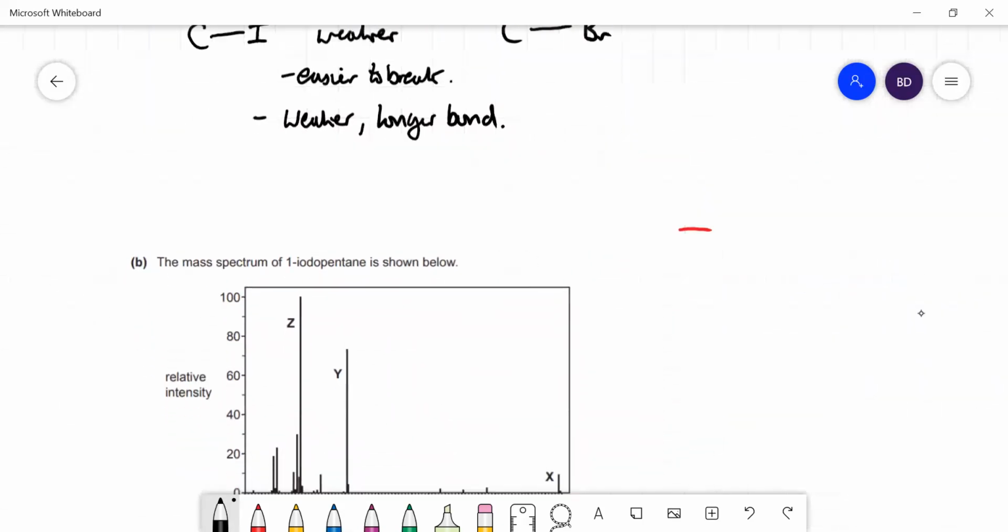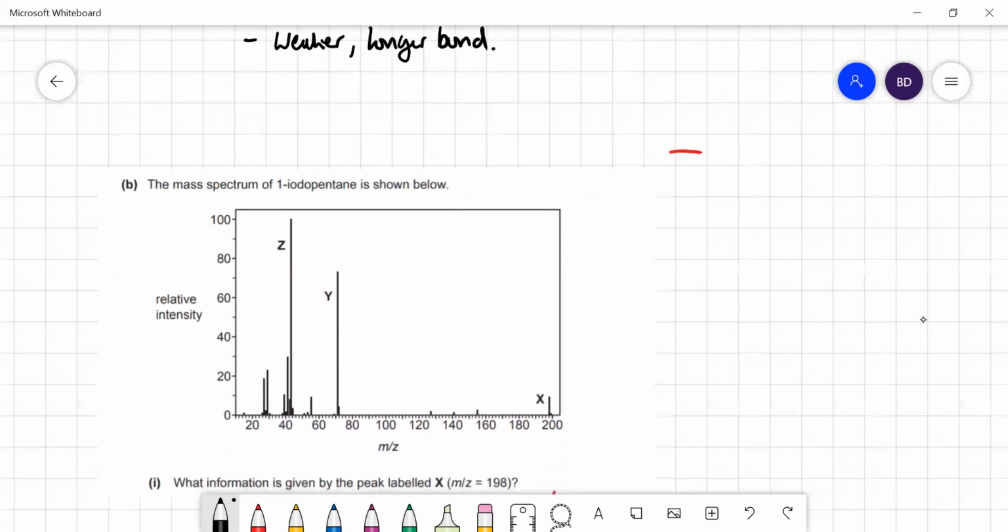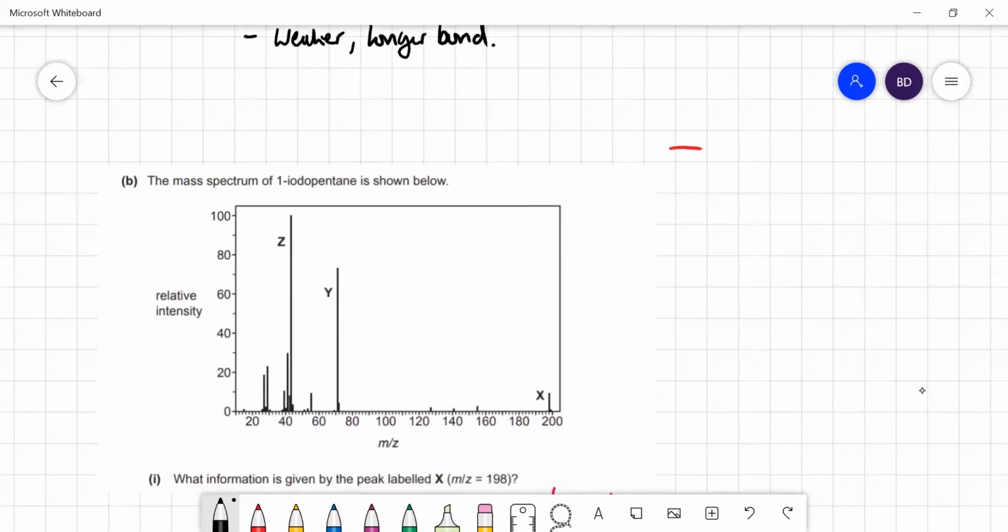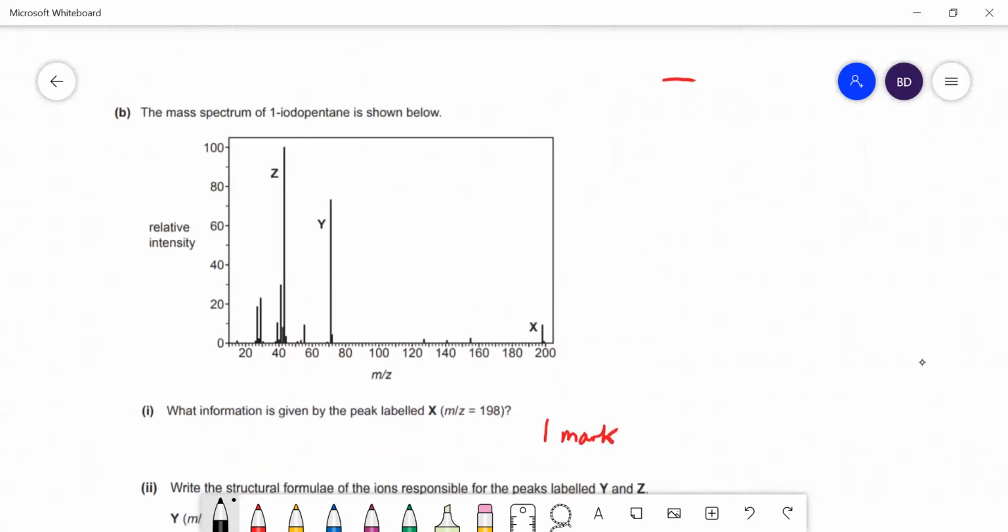Okay, we've got a mass spectrum of 1 iodopentane. What information is given by the peak labeled 1, this one here, 198? Well, that's the largest peak, so that means it hasn't fragmented, so that is equivalent to the molar mass, or the MR, of iodopentane.